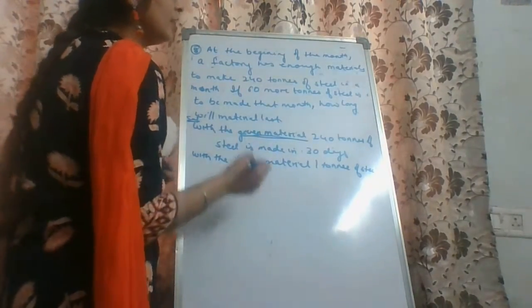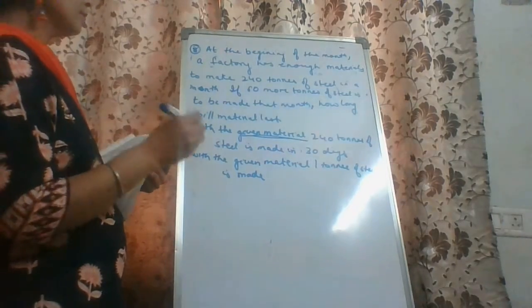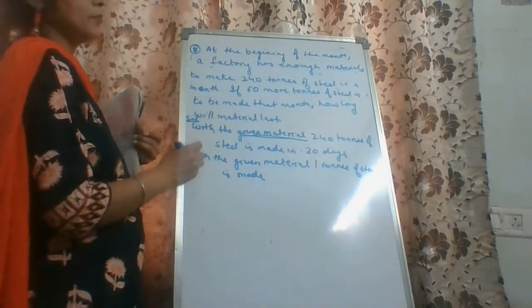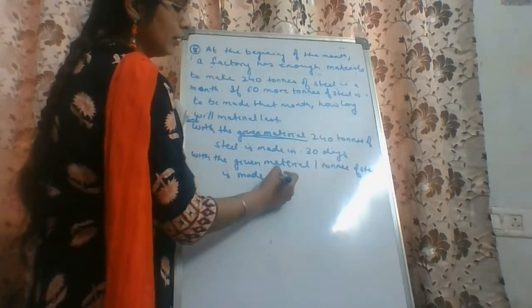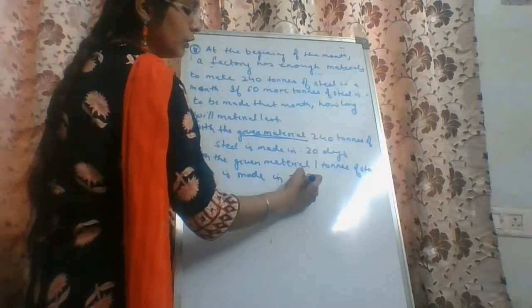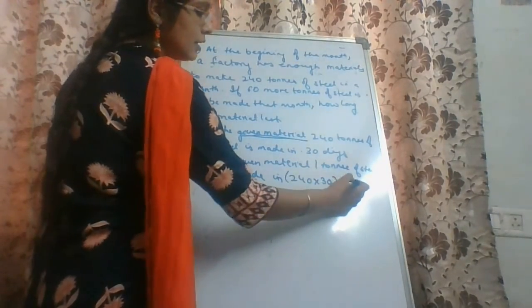That means if it is 240 tons of steel in a month, so if 1 ton is to be made, then the number of days required is 240 multiplied by 30 days.